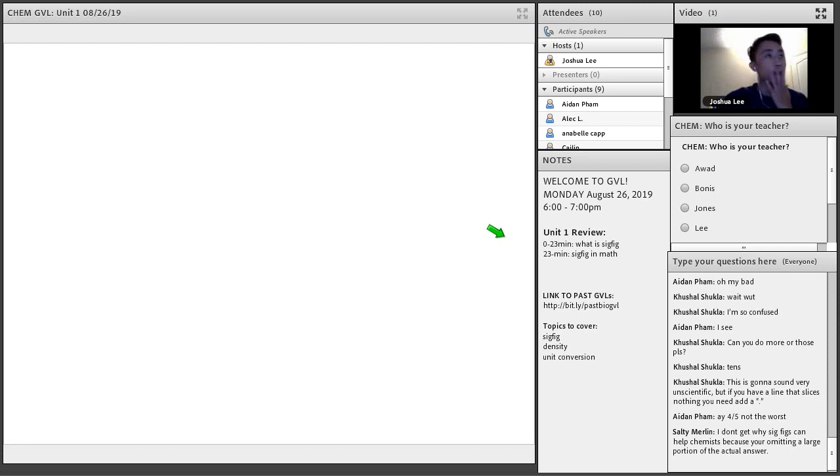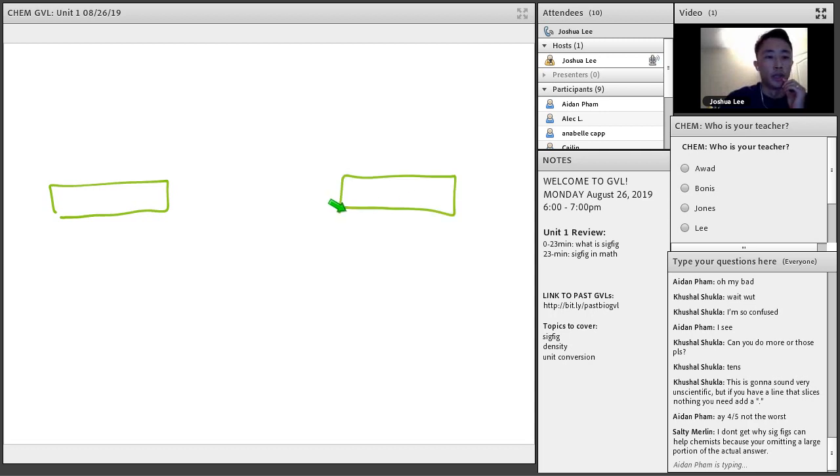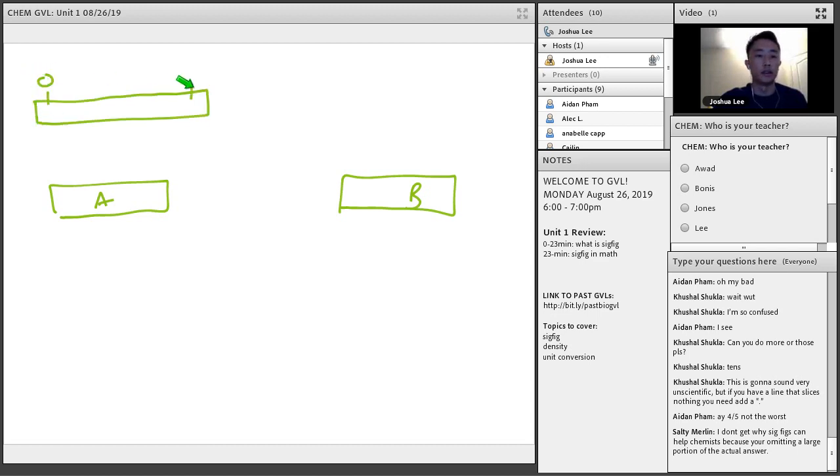Meaning, okay, what's a good visual? Let's see if this works. Let's say you're trying to add up these two bars, bar A and bar B, and you want to see how long it'll be if you put them together. Let's say person A has a ruler, but it only shows 0 and 10, no other graduations.